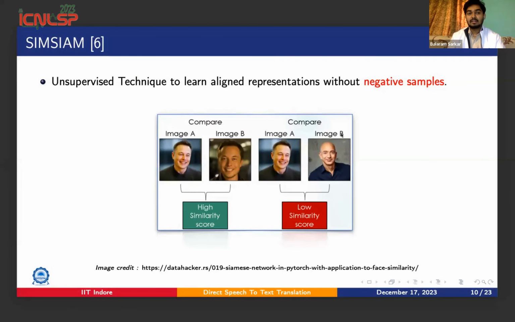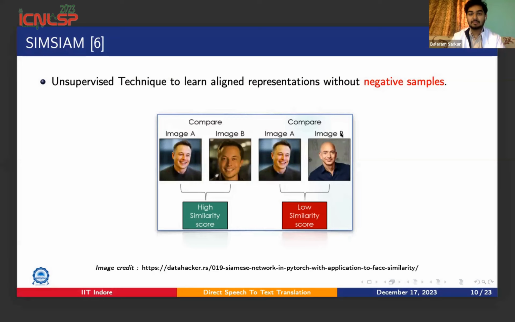The full form is Simple Siamese Network. This was coined in the 1990s, where it was first used to match signatures, that is, to check whether it is an original signature of a person, or someone trying to make a fake version of it.